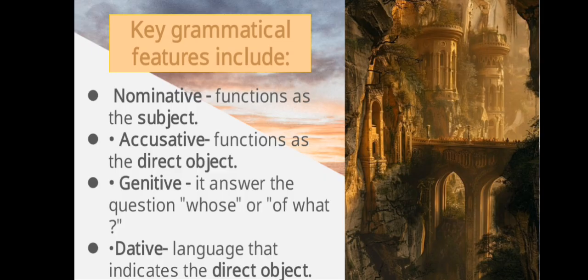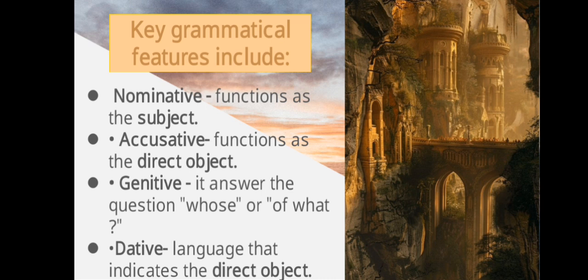And I have here other key grammatical features included for noun cases. First, we have nominative, which refers to the grammatical case of a noun or pronoun that functions as the subject of a verb. Next is the accusative, which refers to the grammatical case also of a noun or pronoun that functions as the direct object of a verb.